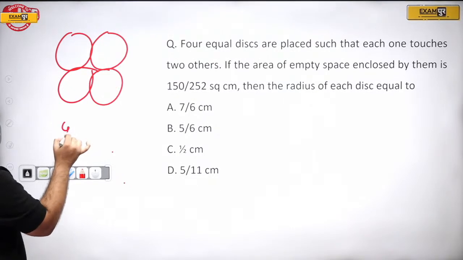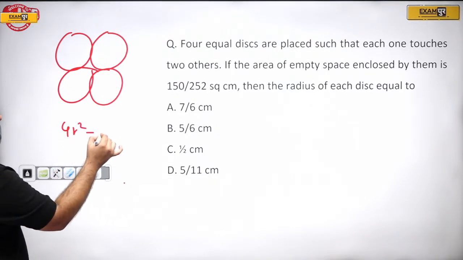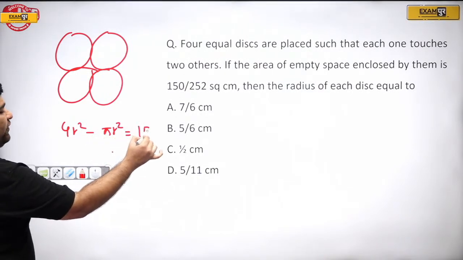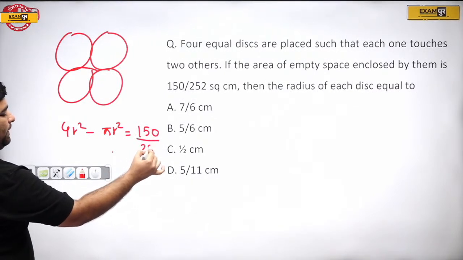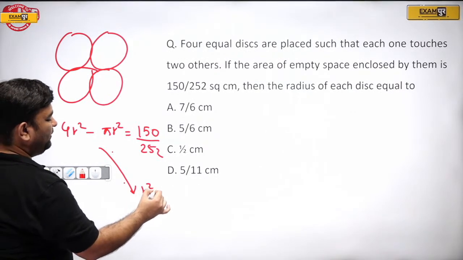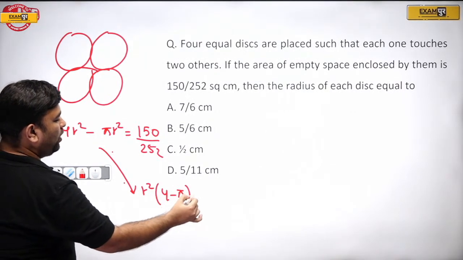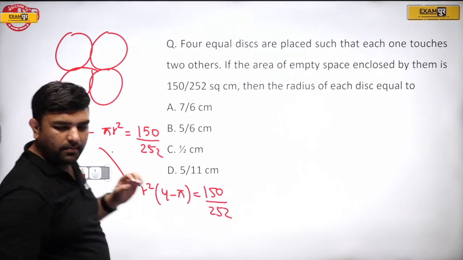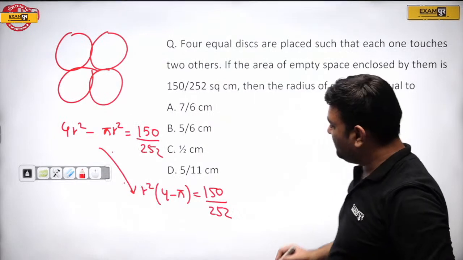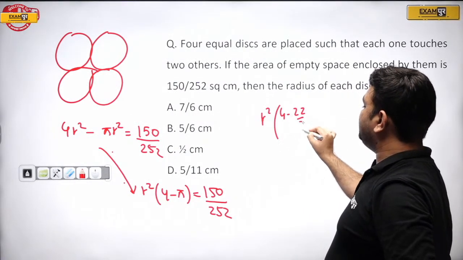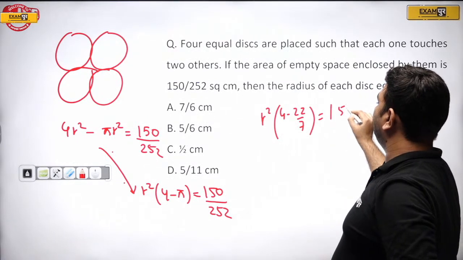This area came out to be 4r square minus pi r square, which is given as 150 by 252. So take r square common, 4 minus pi is equal to 150 by 252. R square (4 minus 22 by 7) is equal to 150 by 252.